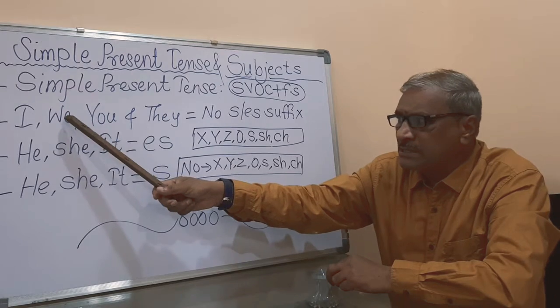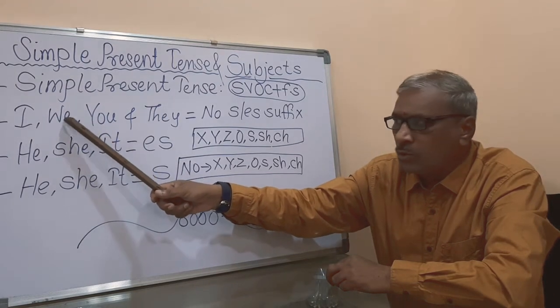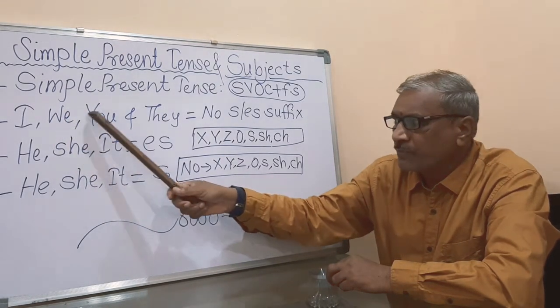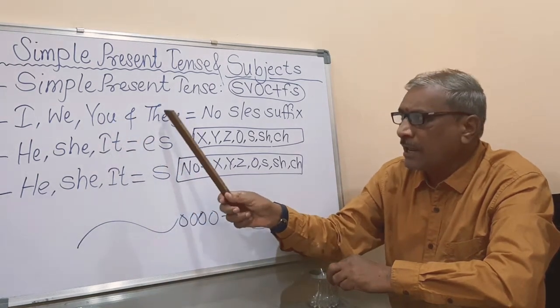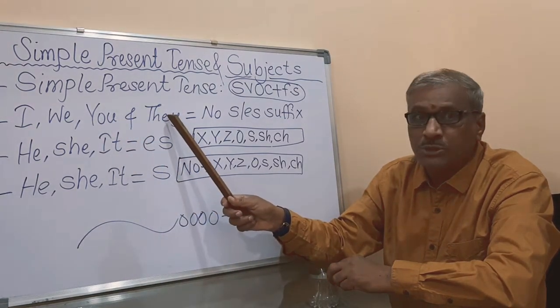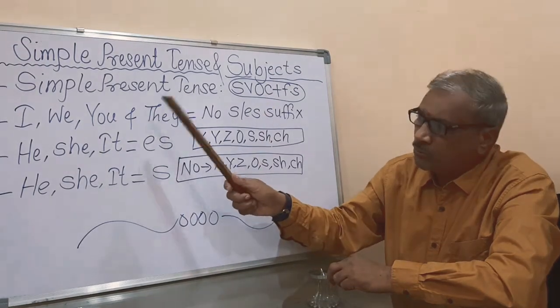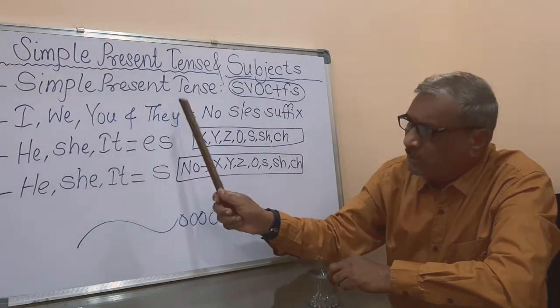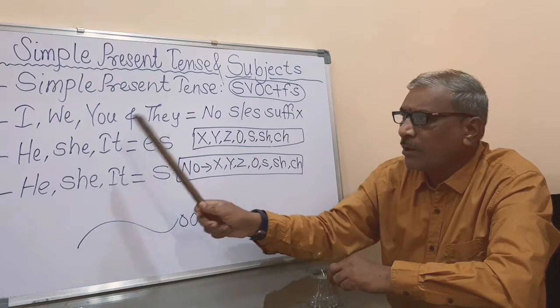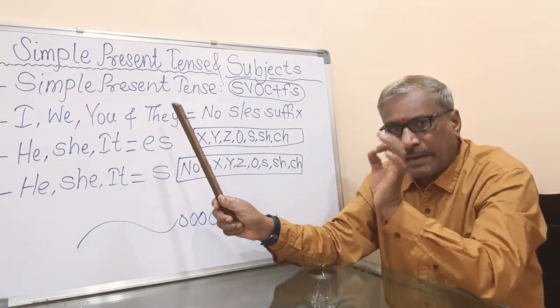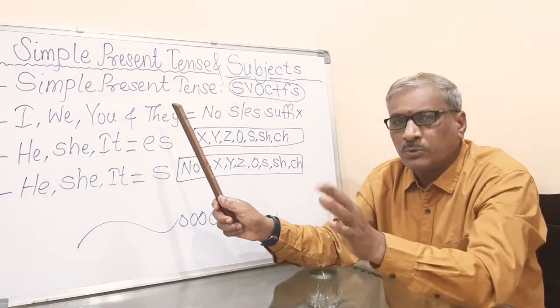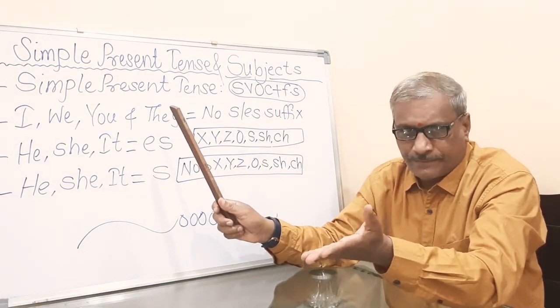The second sentences are: we go to Bombay every day, you talk with me always, and they write stories always. Now we saw all the sentences, and in all these sentences we have not added the s or es suffix to the main verbs.